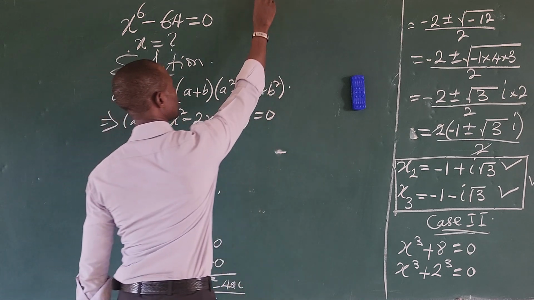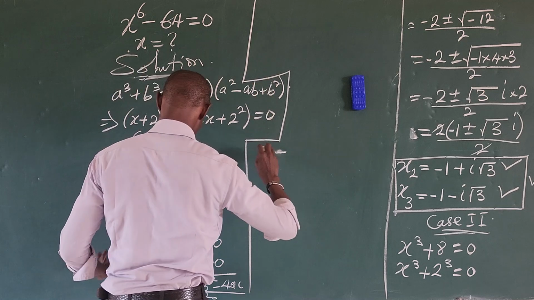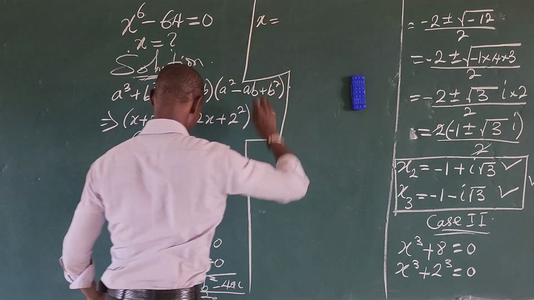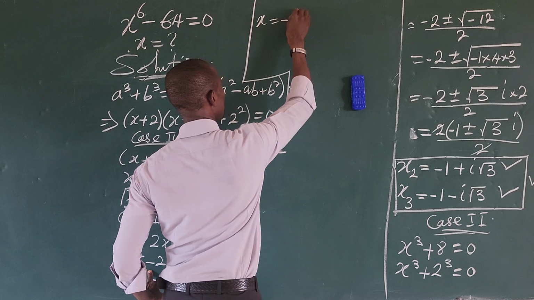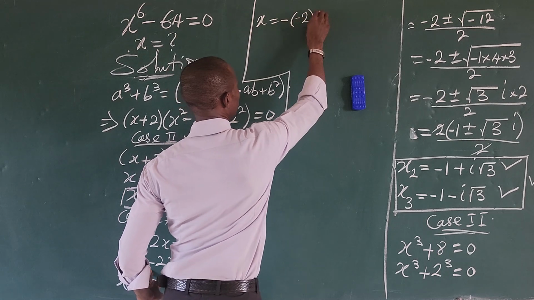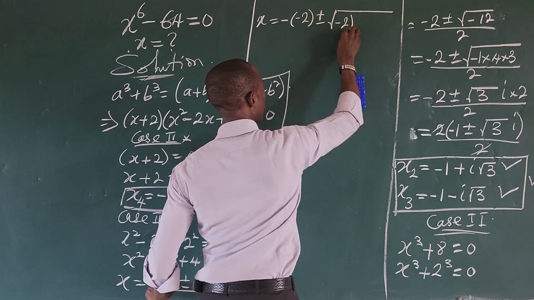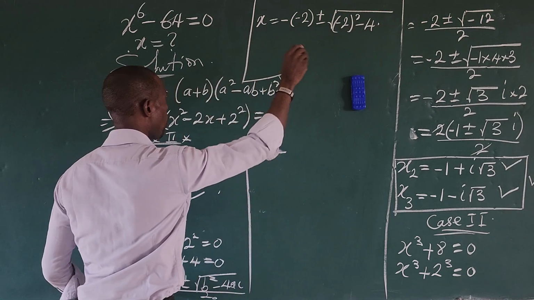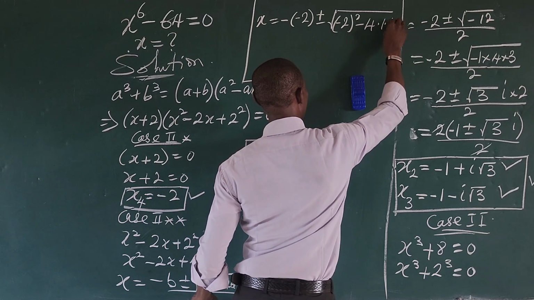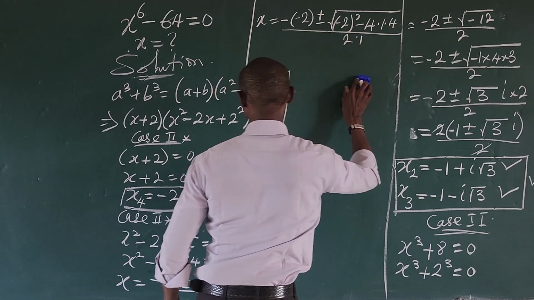From here, let's continue on this side and see what this gives us. x will now be equal to... what is our b? Our b is minus 2. So we have minus bracket minus 2 close bracket plus or minus the square root of minus 2 all to the power of 2, minus 4 times 1 times 4, all over 2 times 1.